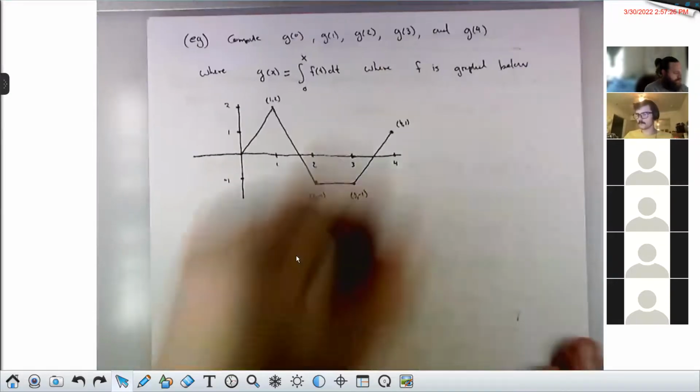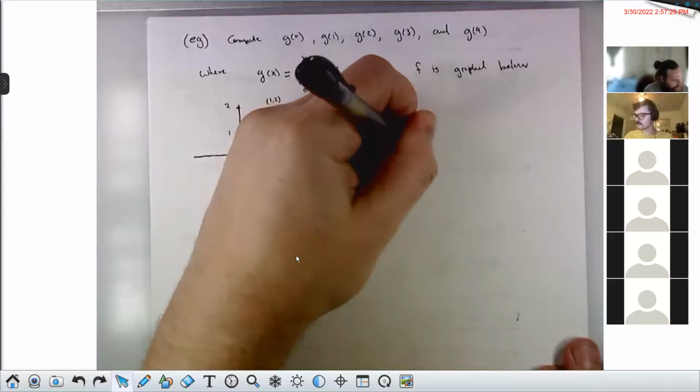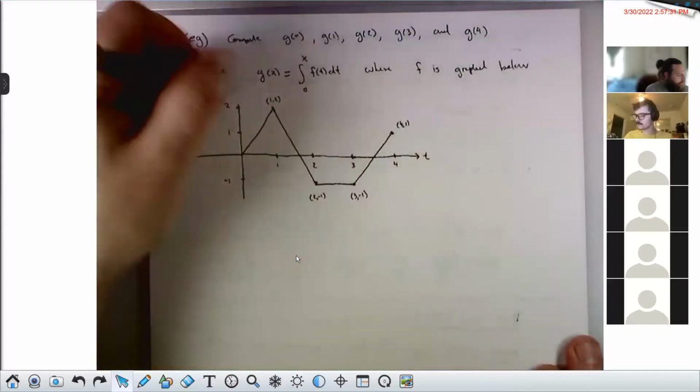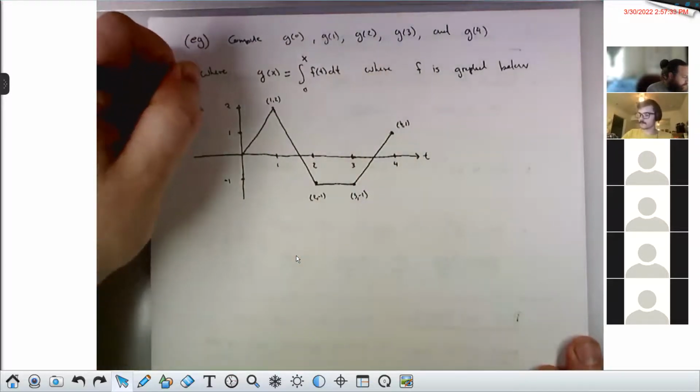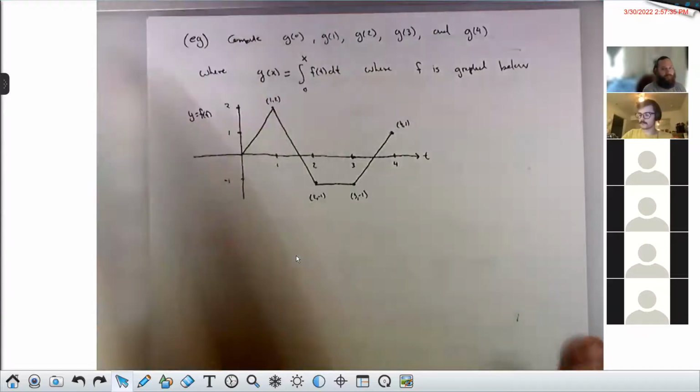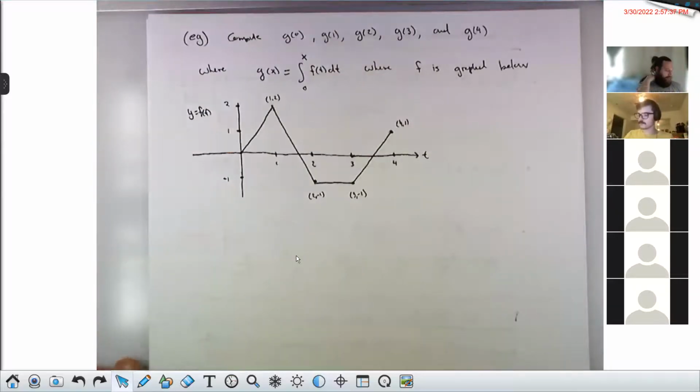So the horizontal axis here is the t-axis, and this is the graph y equals f of t. The big idea I want to get into your head from this is that the symbol t in this integral here is what's called a dummy variable.